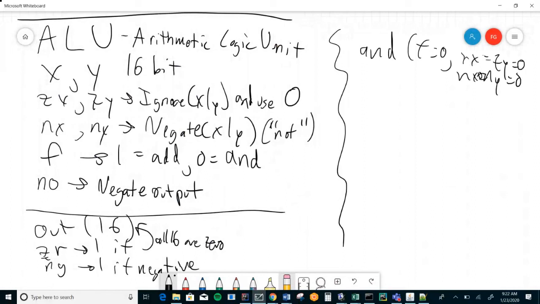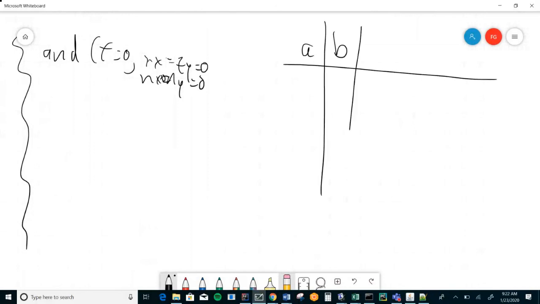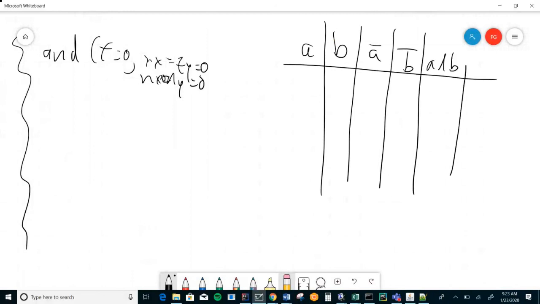So now we want to think about how we can get an OR out of this. There are a couple of aspects to thinking about how we derive such a thing, and I'm going to work through it with you in terms of the truth tables. So I'm going to scoot over here and put together a little truth table.